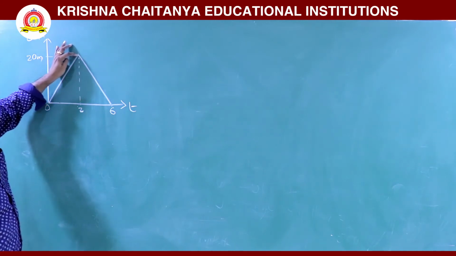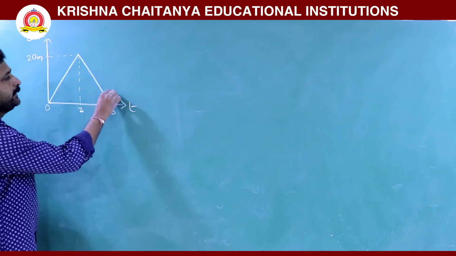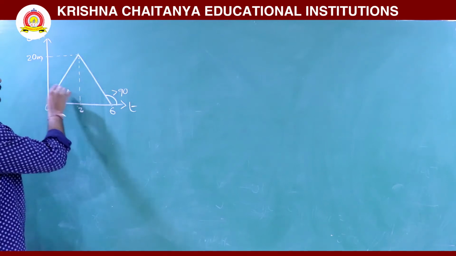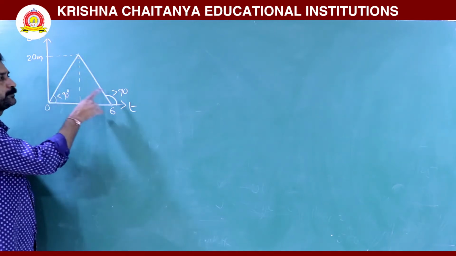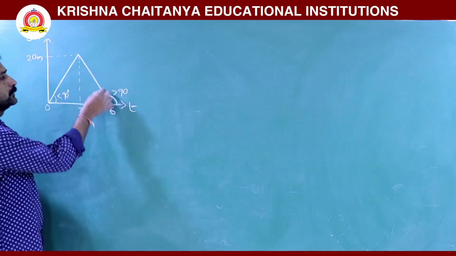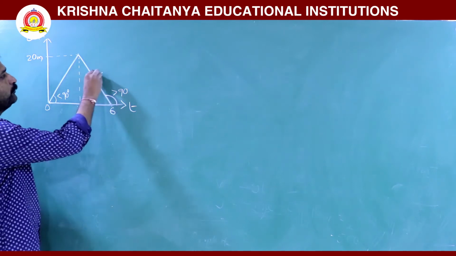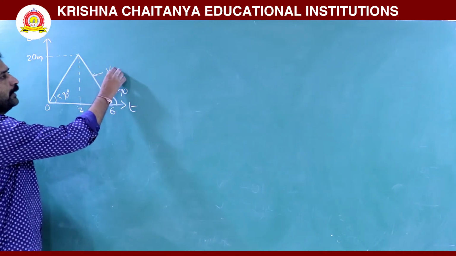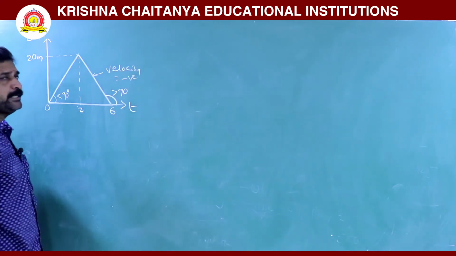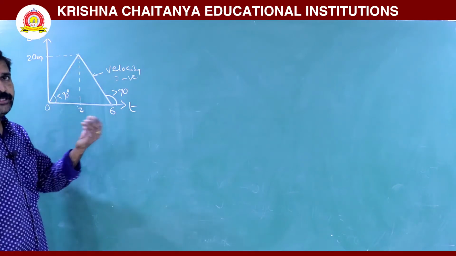And again, here the slope is negative. Why? Because here the angle is greater than 90, and there the angle is less than 90. So this slope is negative and that slope is positive. A negative slope means velocity is negative. What is meant by negative velocity? It means the body turns back in the opposite direction.